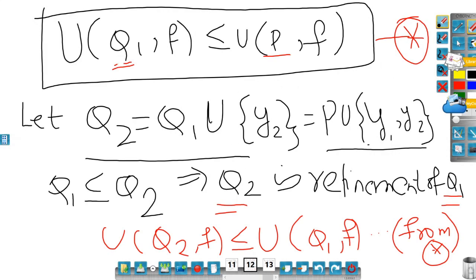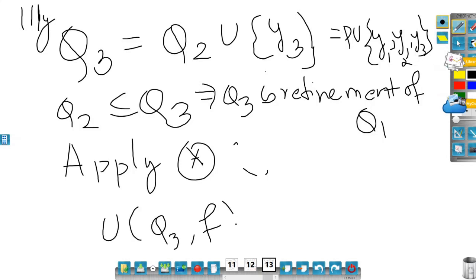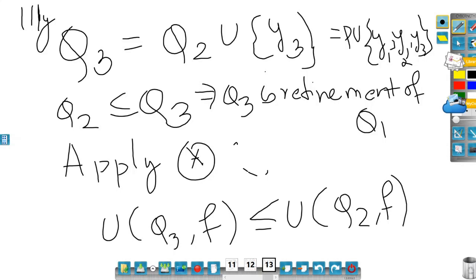So if I apply star, now in star, Q1 is a refinement of P. जो refinement वाला होता है वो पहले आता है और जो original है वो बाद में. So here Q3 is a refinement, so I will have U(Q3, f) less than or equal to U(Q2, f). So continue in a similar manner.